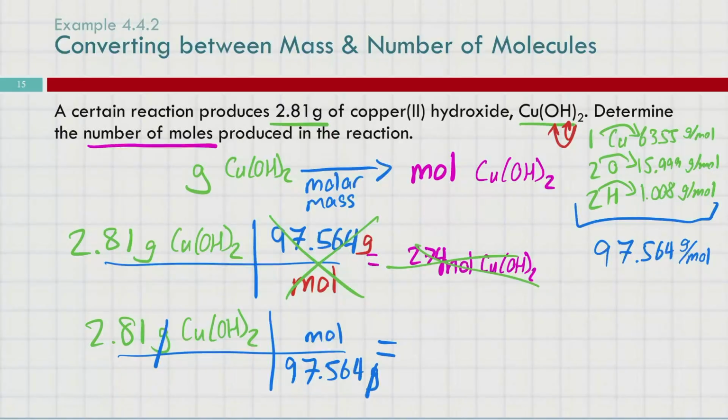So we're dividing instead. So 2.81 divided by 97.564, and we get 0.0288 moles copper hydroxide, CuOH2. And that is the correct answer.